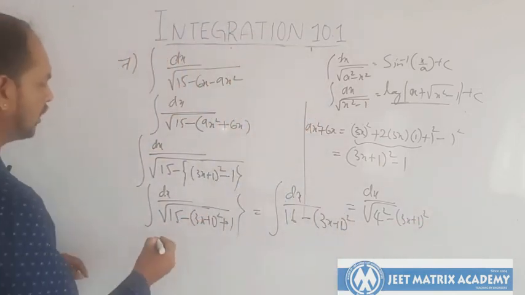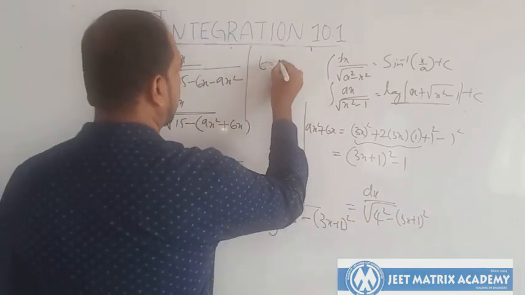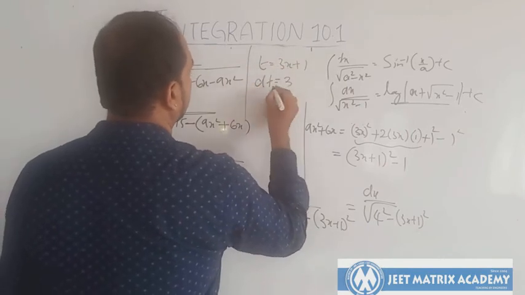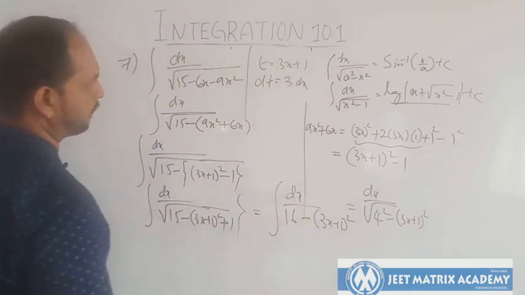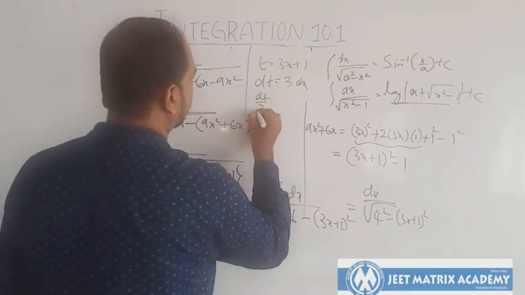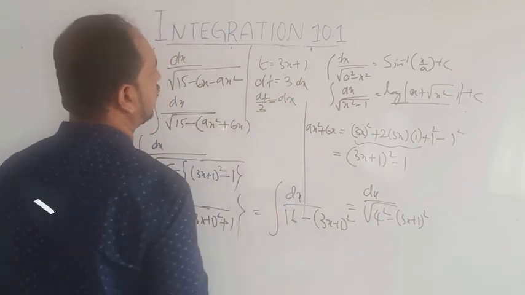So I substitute t as 3x plus 1, dt equal to 3 dx, or dt by 3 equal to dx.